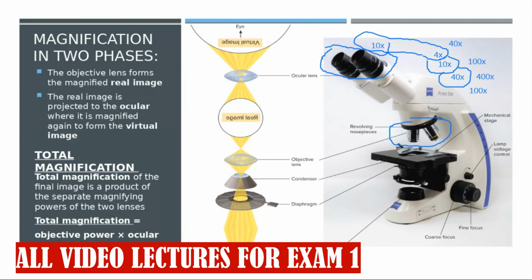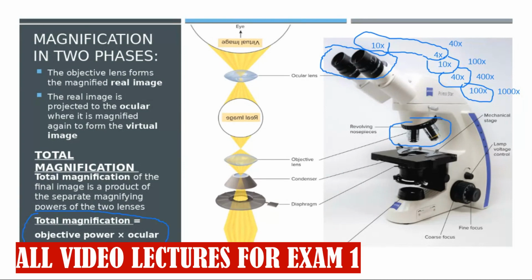If we use the oil immersion, the total magnification will be 10 times 100, which is 1,000 times. So this is the highest total magnification that we can get from this light microscope. This is the formula for the total magnification.